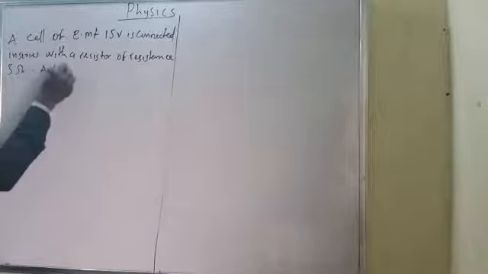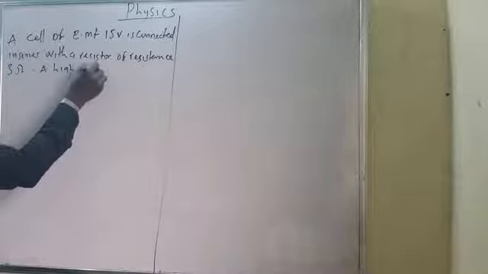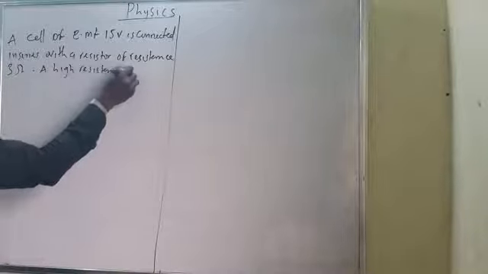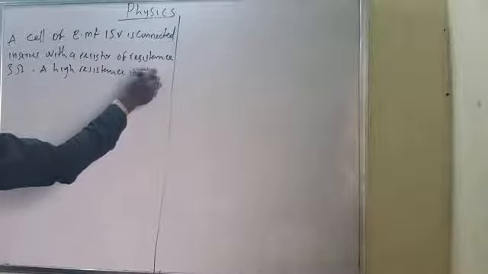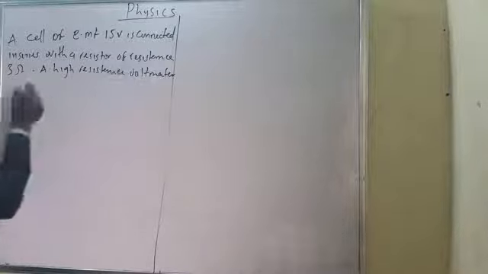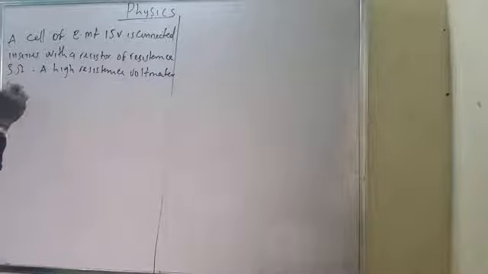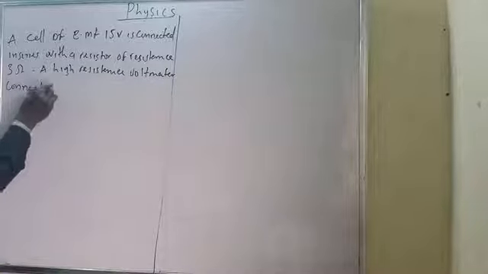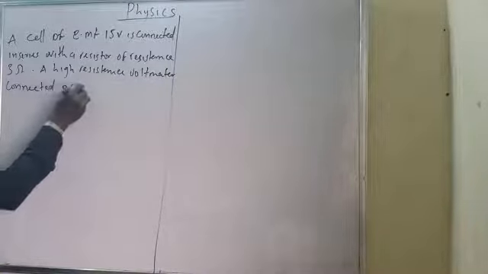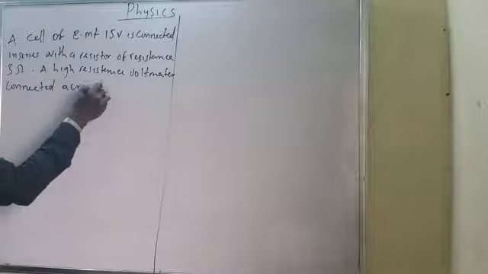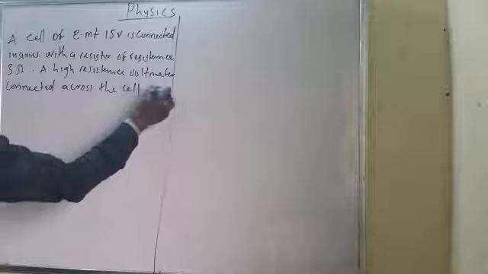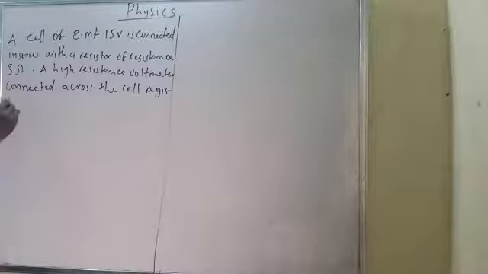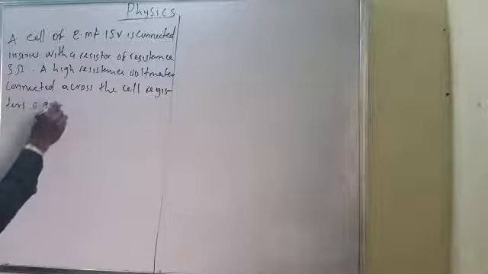A high resistance voltmeter connected across the cell registered 0.9 volts.